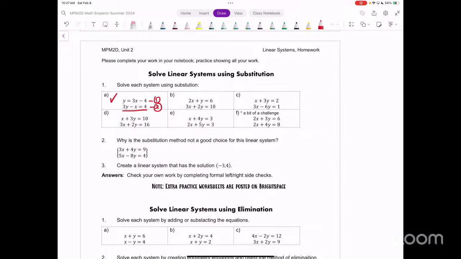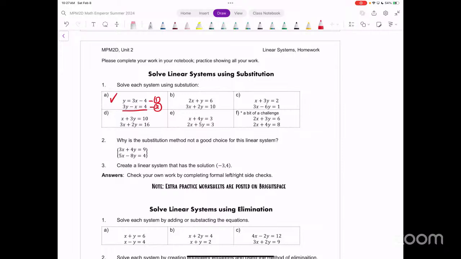Let's see how you label them. That's not how to work. So first step, there should be a little line that says equation number 1, equation number 2. Make sense? That is missing.